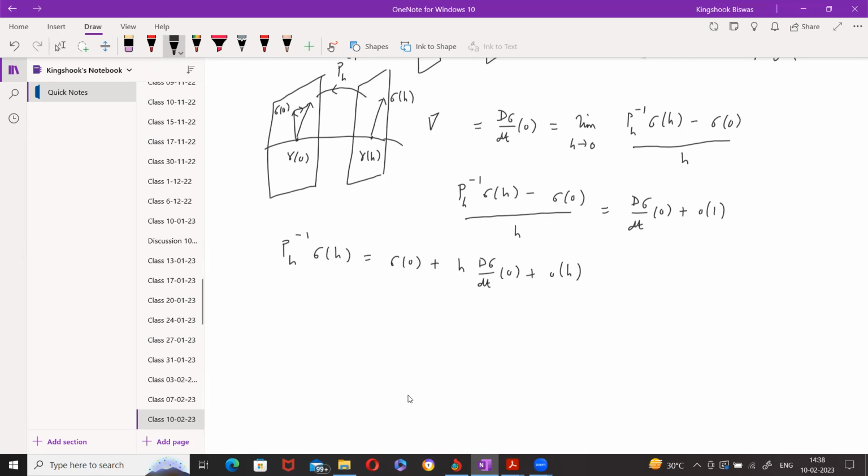This gives me, say, nabla_X of s, if sigma is s composed with gamma and gamma prime 0 is equal to X at gamma 0, right?